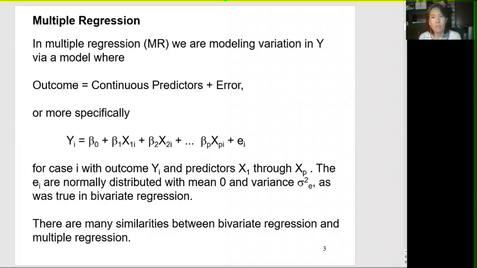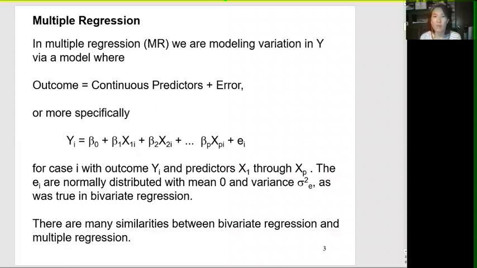So in multiple regression, we are modeling variation in Y via a model where the outcome Y equals continuous predictors, so continuous X variables, plus error.